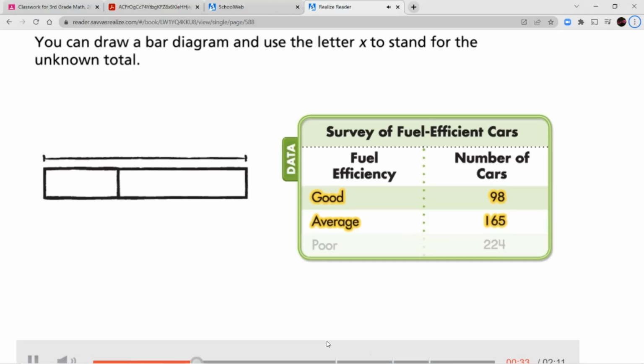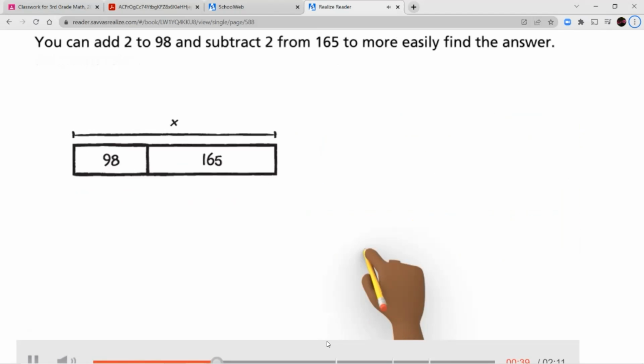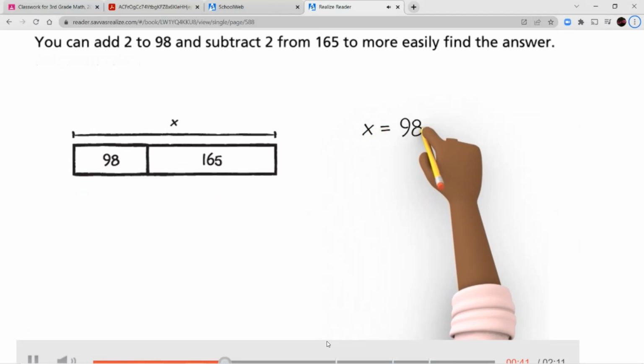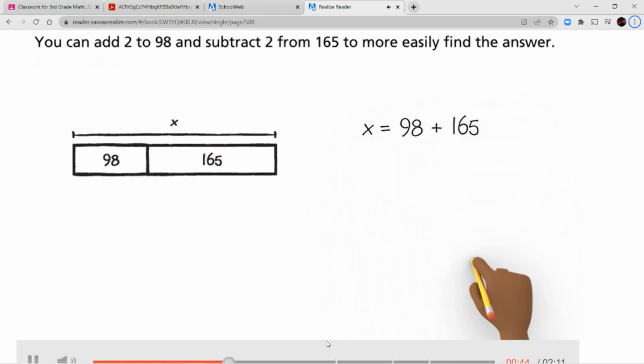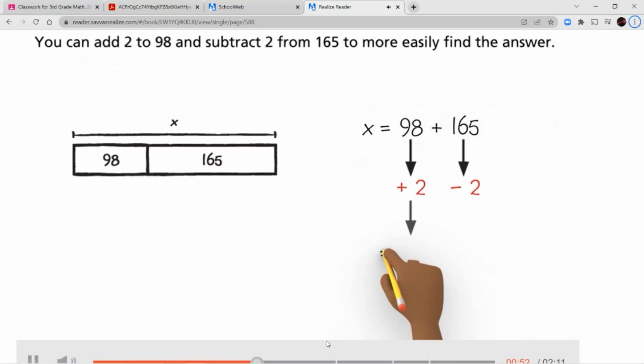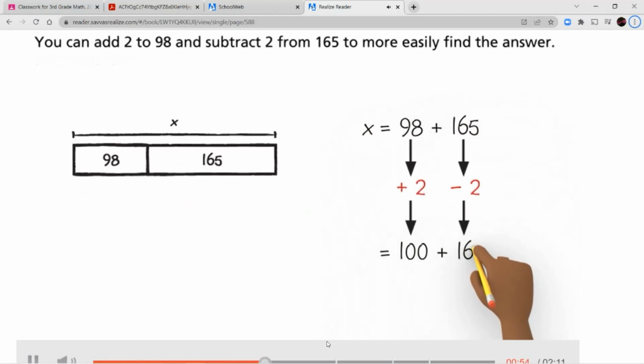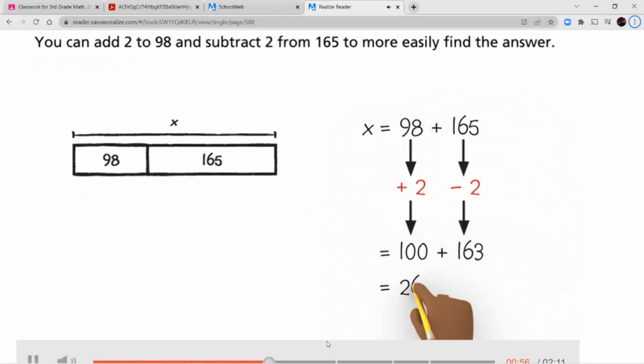You can draw a bar diagram and use the letter X to stand for the unknown total. X is equal to 98 plus 165. You can add 2 to 98 and subtract 2 from 165 to more easily find the answer. X equals 100 plus 163, which equals 263.